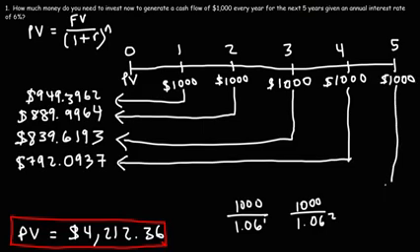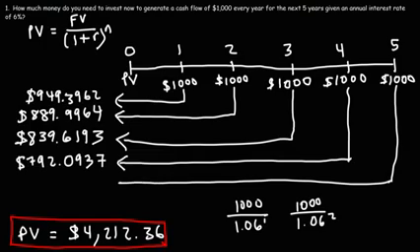How much will that be worth today at an interest rate of 6%? So take 1,000 divided by 1.06 raised to the fifth power, and you'll get $747.26. Now what we're going to do is take the sum total of these five numbers.